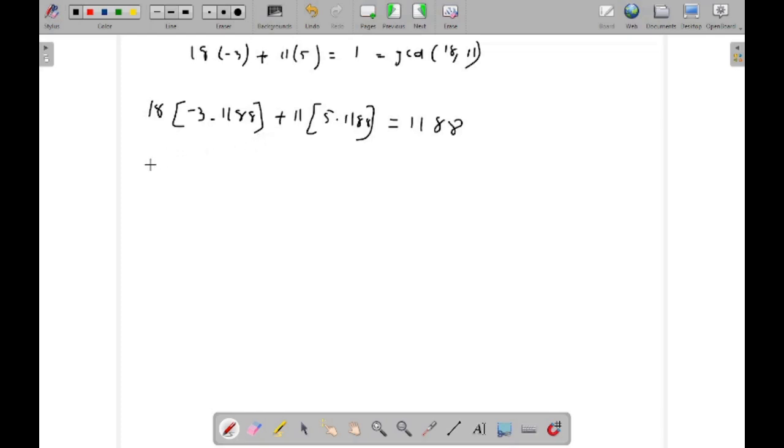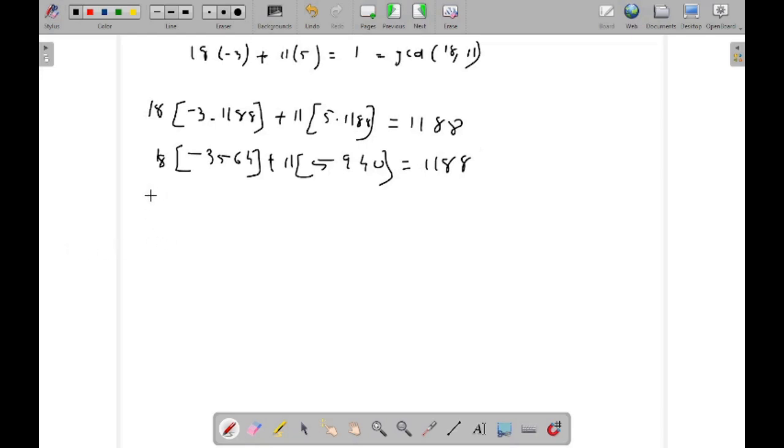So we will be getting 18 into minus 3564 plus 11 into 5940 is equal to 1188.